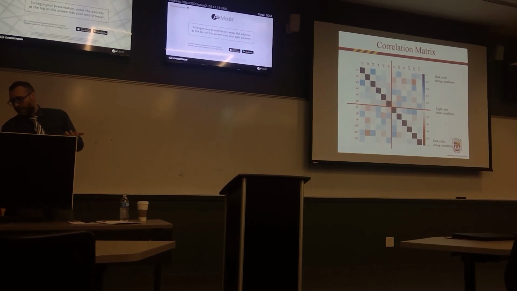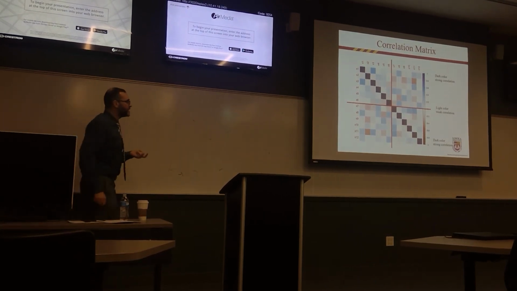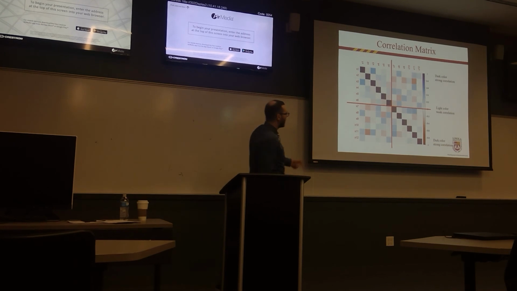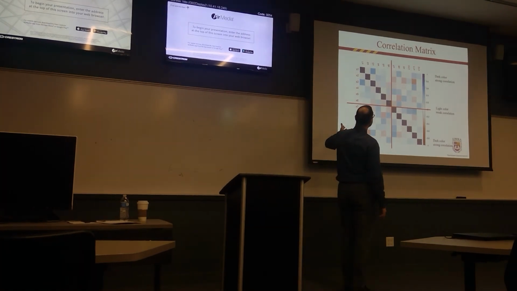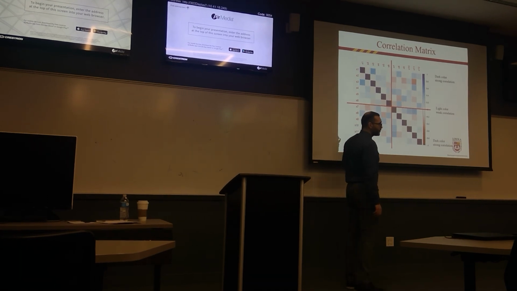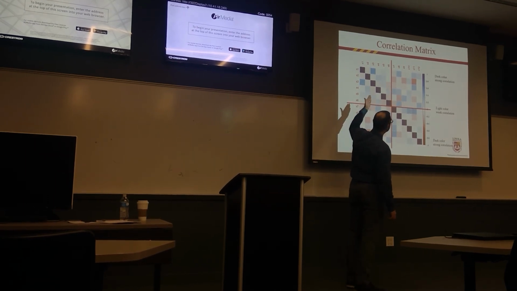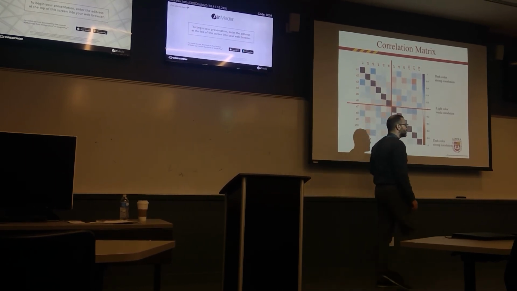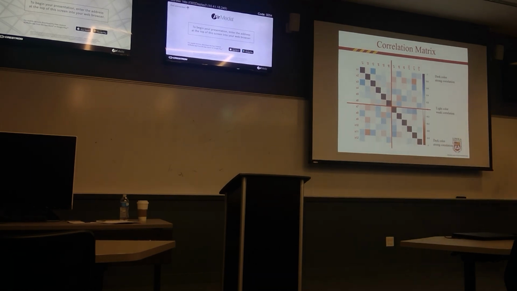There's something called a correlation matrix. Basically, if you have so many variables, like here we have 12 variables, you can calculate the correlation coefficient between each two. So if I have 12 by 12, that's the total number.